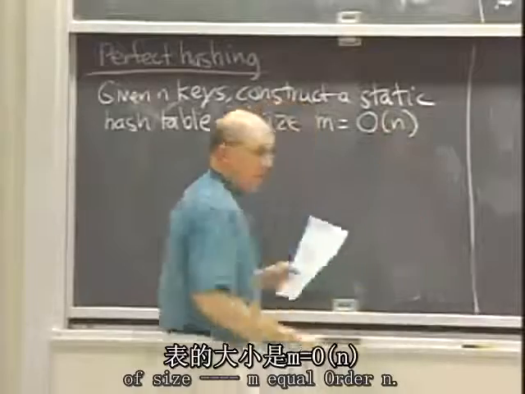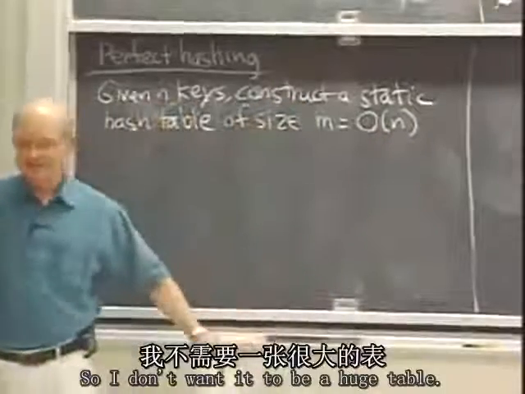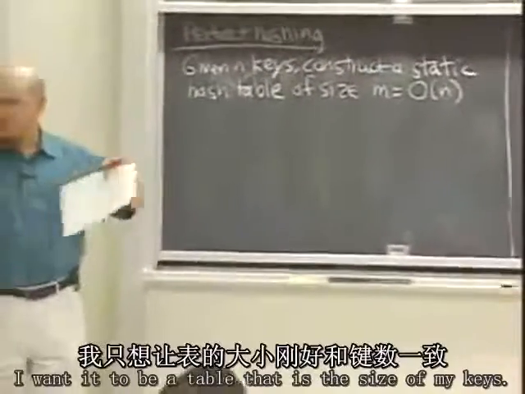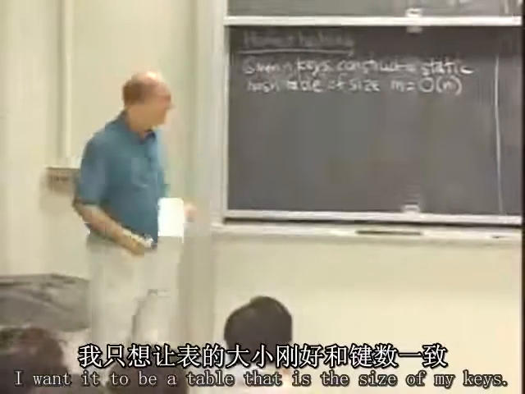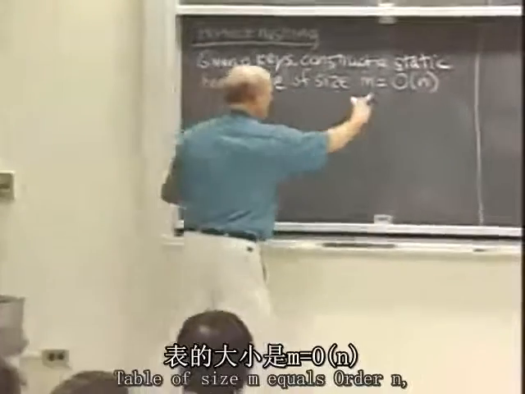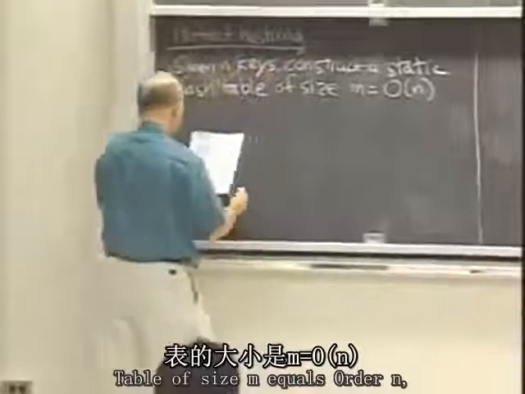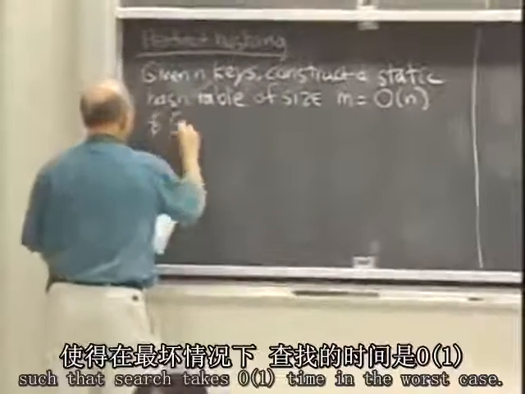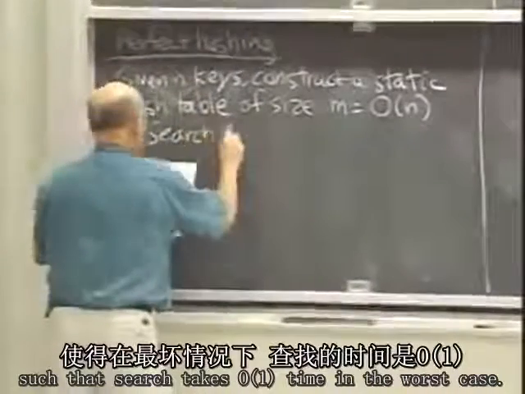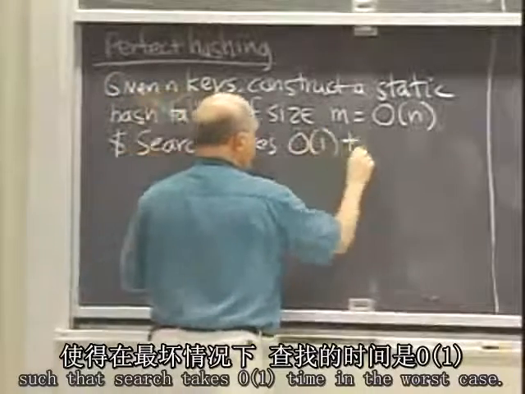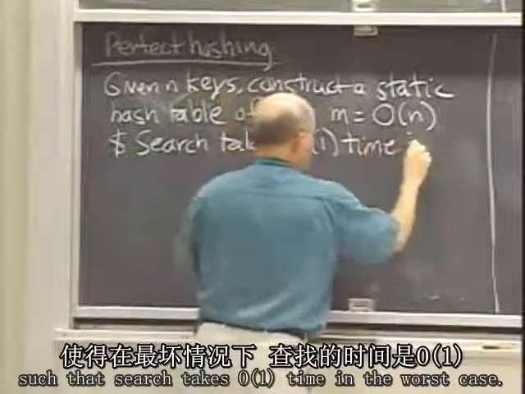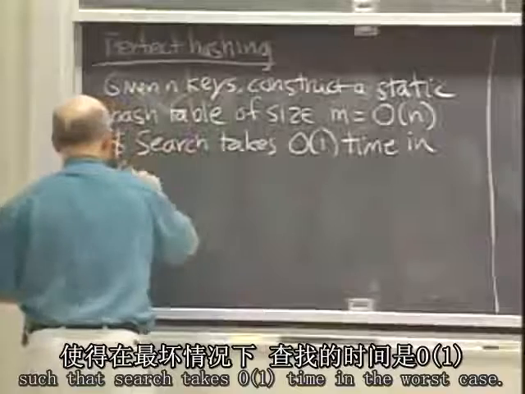So I don't want it to be a huge table. I want it to be a table that is the size of my keys. A table of size m equals order n, such that search takes O(1) time in the worst case.